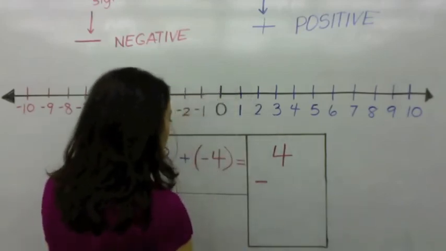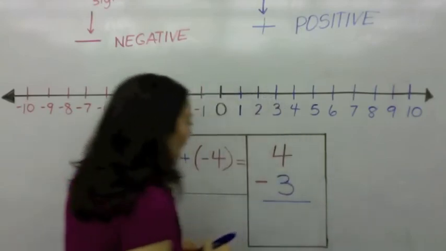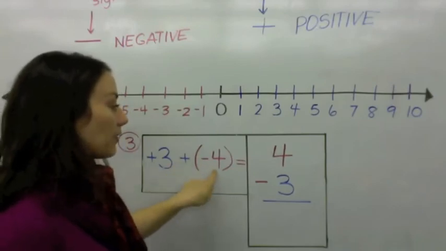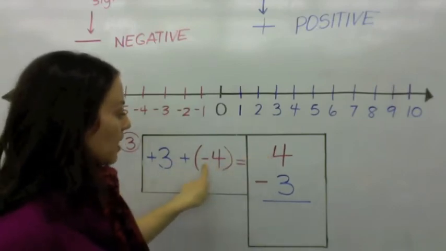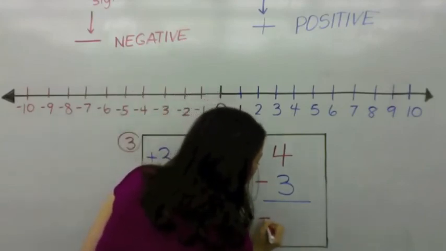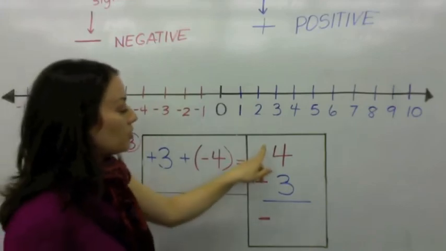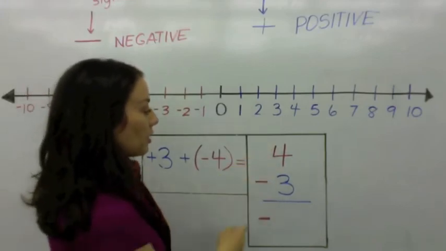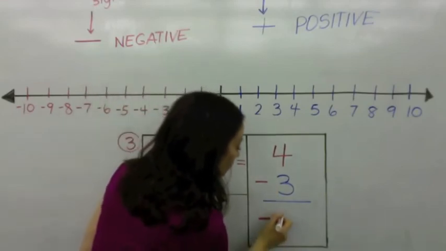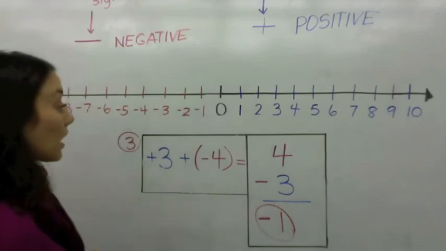And we're going to put the 3 right here because it was positive. And what is the sign of the higher number? It's negative, right? So you're going to put your answer as negative. And then you're going to subtract. 4, take away 3. So you're going to say 4, 3, 2, 1. So here the answer is negative 1.